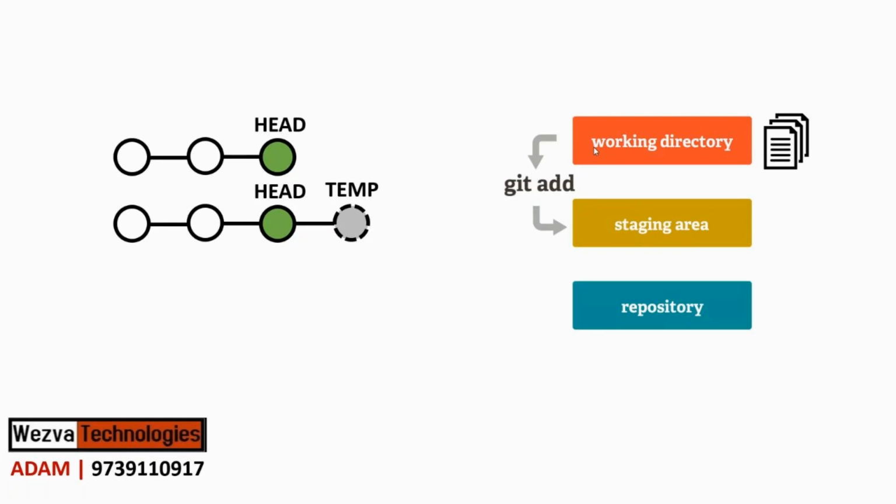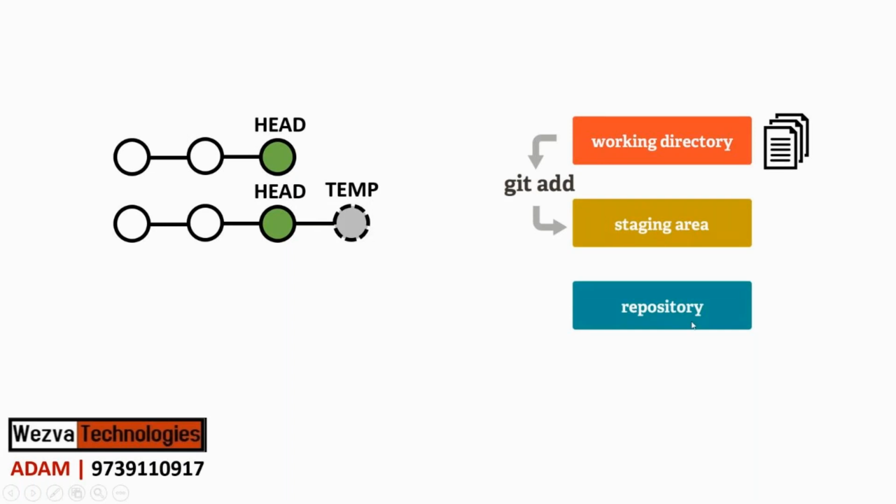Now assume there is a file with one line in it, and that is what your head reference is showing. But now in the same file, you added another line. So how does Git know that you have added another line? It's because it creates a temporary reference in the repository.